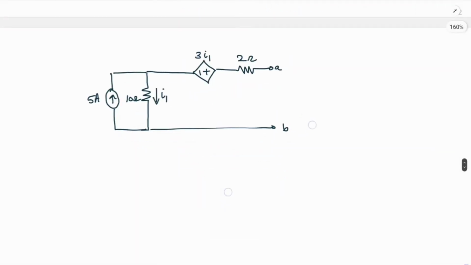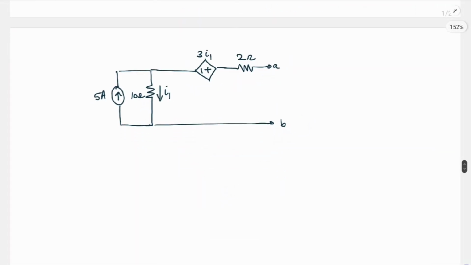So for Thevenin impedance, what we have to do first is short the voltage sources and open circuit the current sources, right? And what current sources and voltage sources are we talking about? Independent sources are removed. Removed as in, a current source is replaced with an open circuit, and a voltage source is replaced with a short circuit, okay?